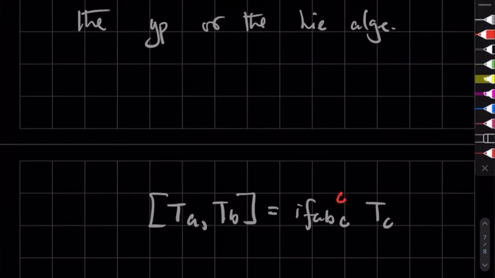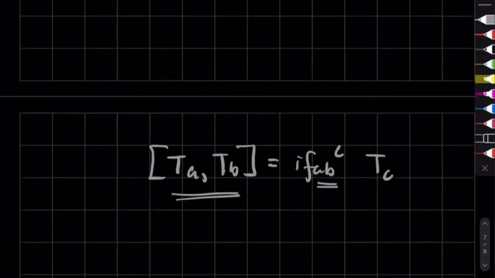I just chose to write the C upstairs because I know that the AB indices will be antisymmetric because the left-hand side is antisymmetric, right? So there is antisymmetry in the exchange of AB, but there is no antisymmetry between B and C, so I chose to write the third index upstairs, okay?